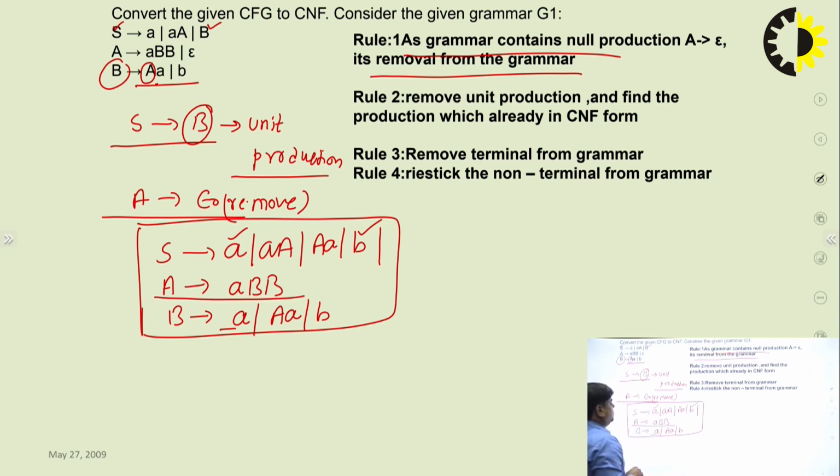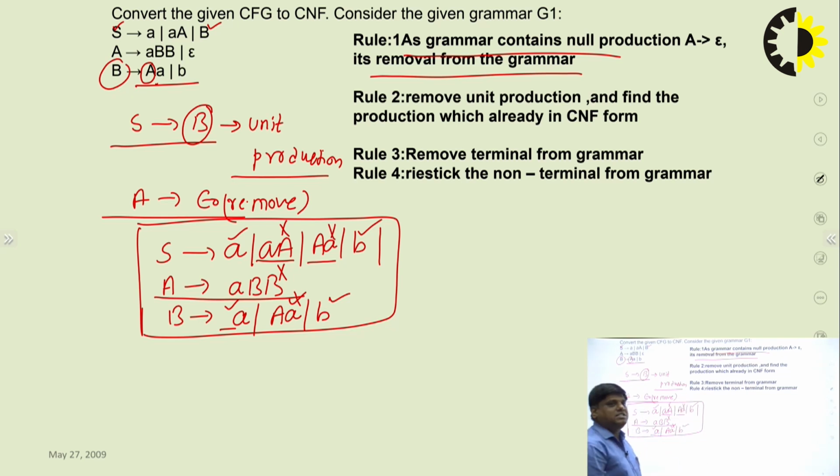This production rule and this production rule are not in CNF form. Again, this production is not in CNF form. These productions are in CNF form and these productions are not in CNF form.